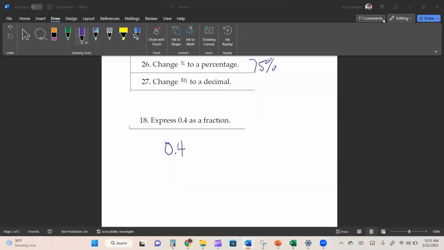Okay, so now we have 18, express 0.4 as a fraction. So I'm going to put this over 1 and multiply them both by 10. And we know we get 10 on the bottom.